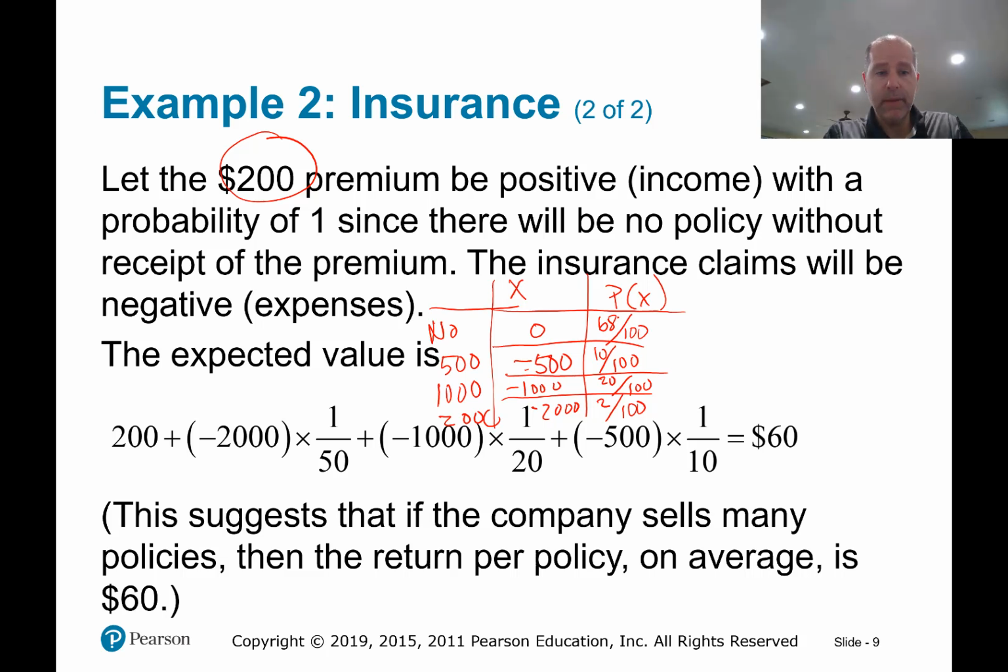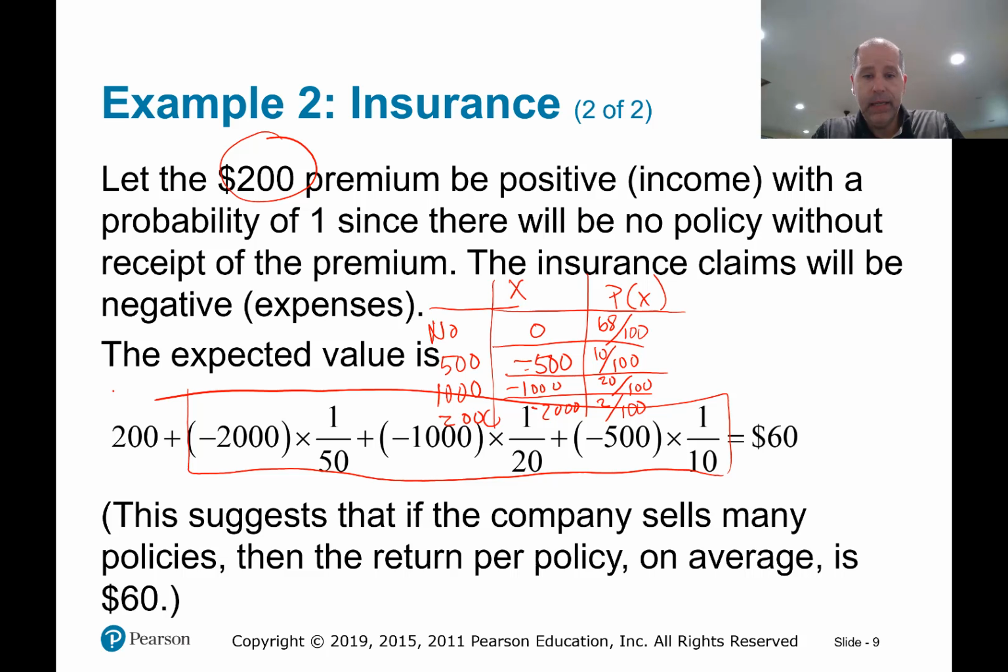So what they did was take the expected value of all the claims, and then add the $200 premium, and you get an average, or expected value, of $60.